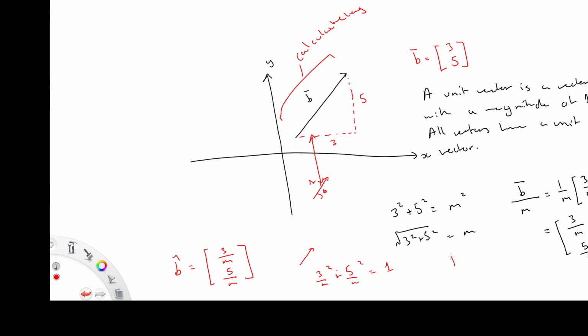Ultimately, you can put down that b is equal to m, its magnitude, multiplied by b dash, like this, right? So the big vector is equal to m multiplied by b with a hat.